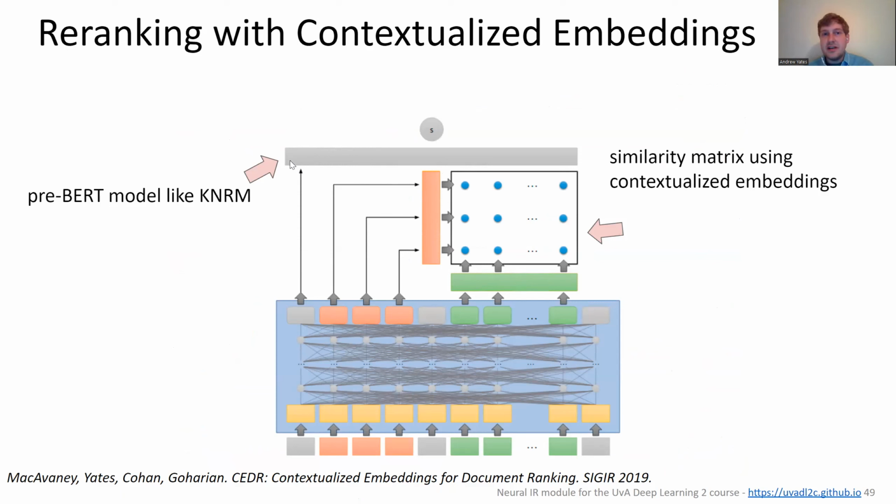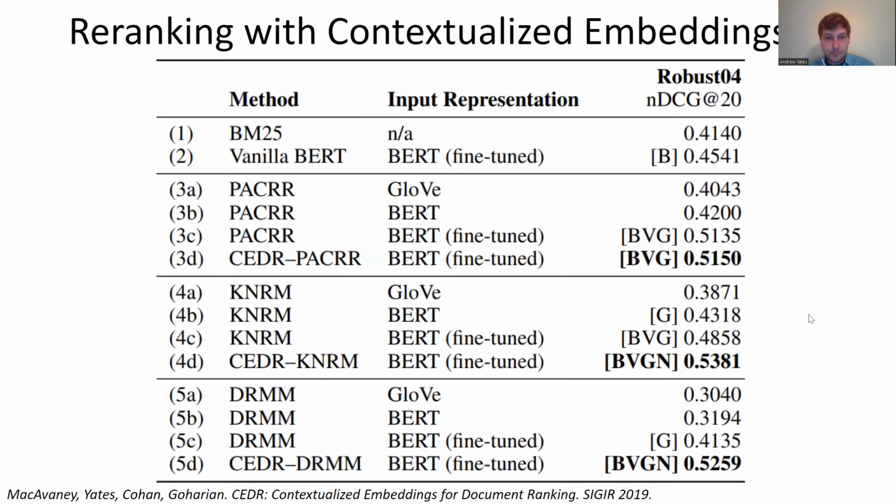So in CEDR, some variations take a vector like that, concatenate the CLS token to that, and then feed that to a feed-forward network to compute the score. And this is shown in these two rows, 4C versus 4D. So we see there's some improvement from concatenating the CLS token versus not. But either way, we have a good improvement over the initial BM25 method.